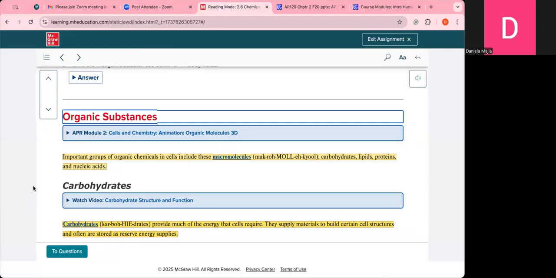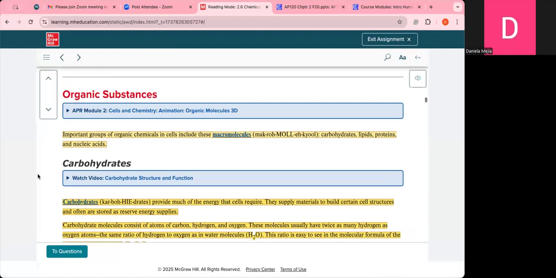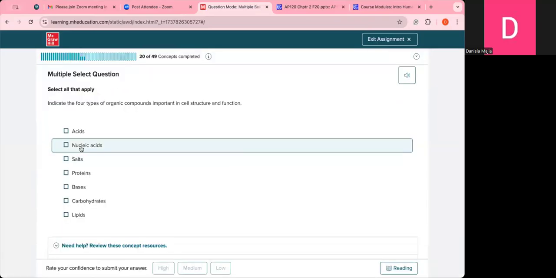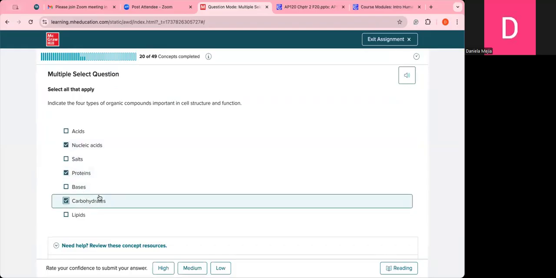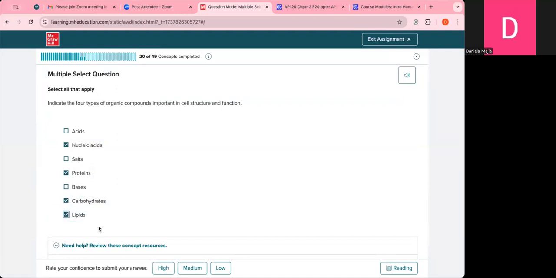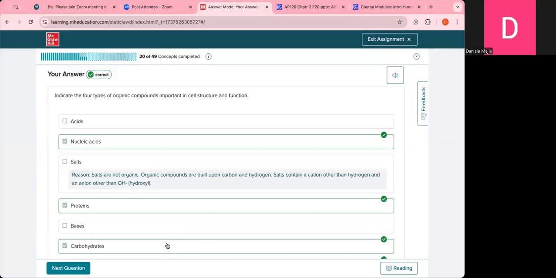Okay, so important groups of organic chemicals include these macromolecules: carbohydrates, lipids, proteins, and nucleic acids. So those are the four.